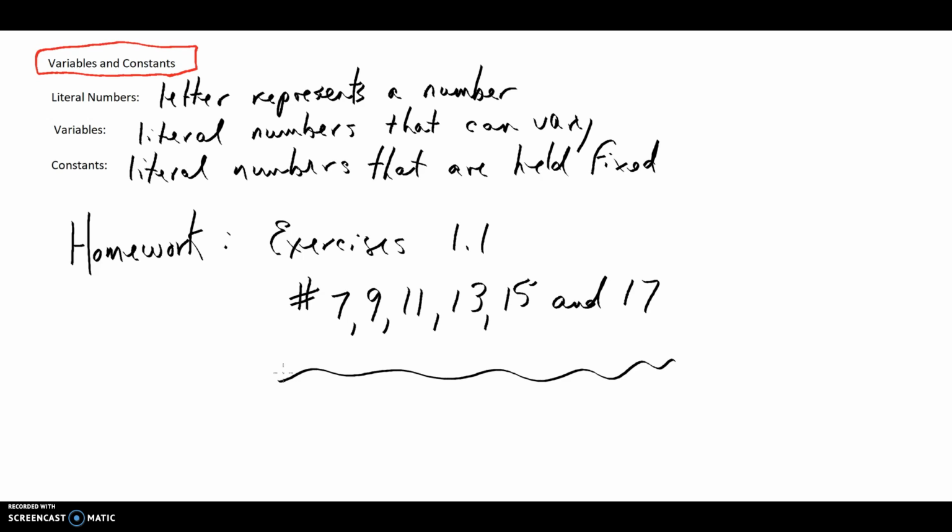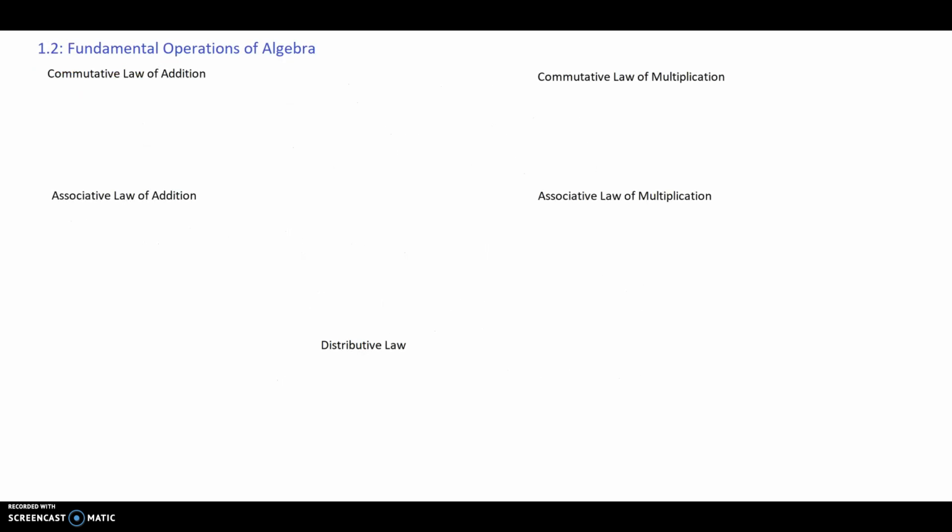I'm going to continue in this video beginning in 1.2. Okay, so in 1.2 we're going to talk about the fundamental operations of algebra, and these are some of the names of them.